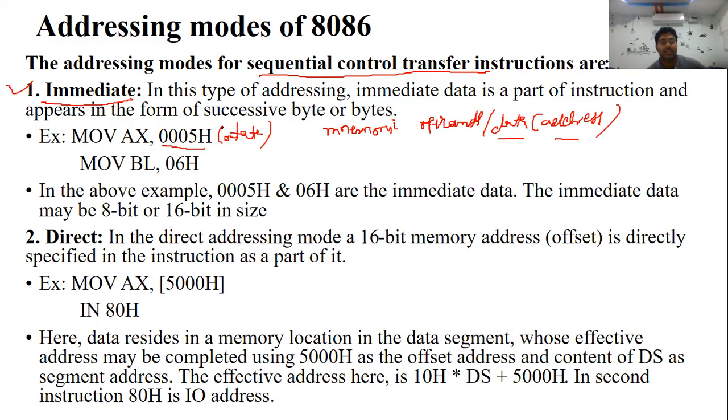But how does the microprocessor know? Address locations are like this: 1, 2, 3, 4, 5, 6, and so on. If we represent 5, how can the microprocessor understand whether you have given data or an address? How does the microprocessor know this is data and this is an address location? You simply put a bracket around it, for example in move AX comma.